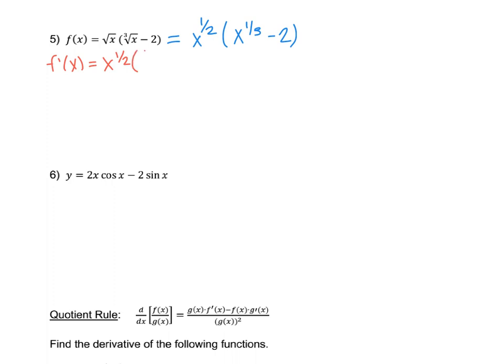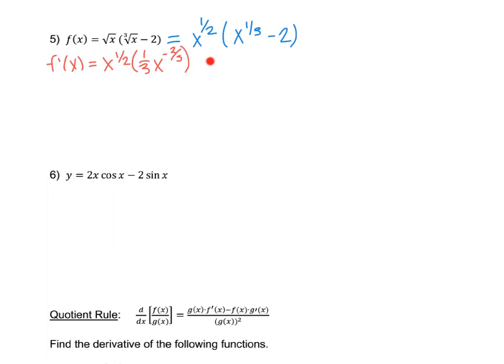So that would be pull the 1/3 down in front, 1/3 x, and then subtract 1 from 1/3, you get negative 2/3. Minus 2, the derivative of that is 0, so this is just the first piece of the derivative.